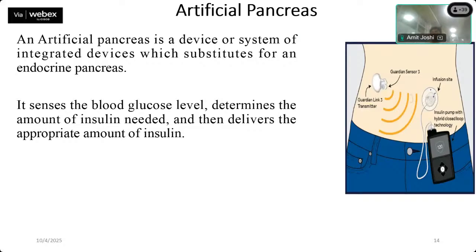Now we are interested to understand the artificial pancreas. Okay, now we have seen the role of the pancreas. What is the role of the pancreas? Basically to neutralize the glucose and insulin balance. Now if that glucose insulin balance is not happening inside our own pancreas, then there is a need of having an artificial pancreas.